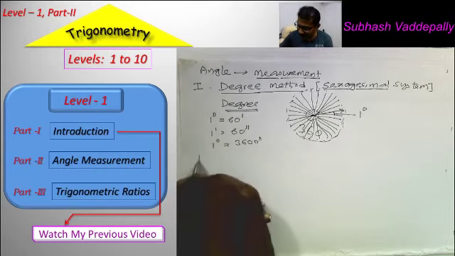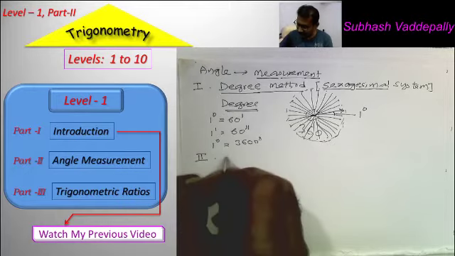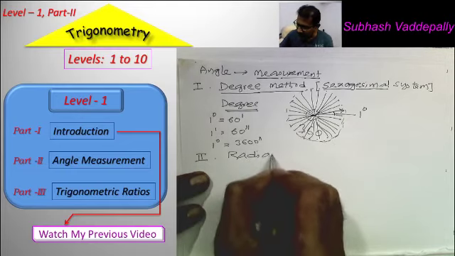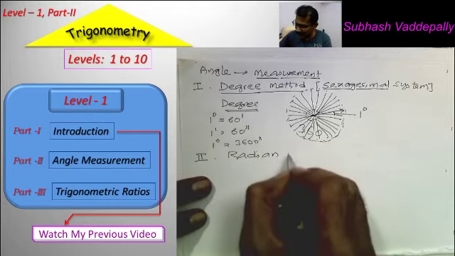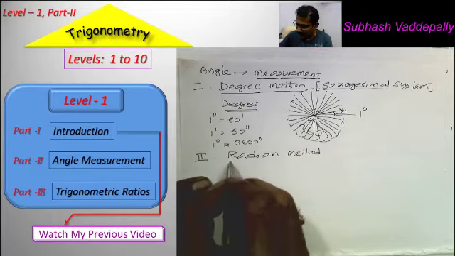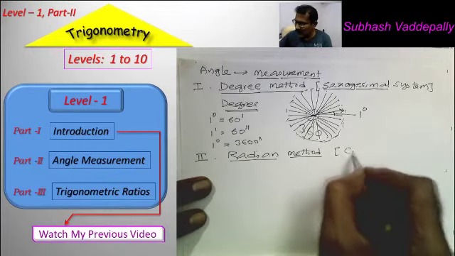Next, let us take the second method of angle measurement. The second method is called the radian method. Means the angle we can measure in terms of degree or in terms of radian also. This radian method is also called the circular system.